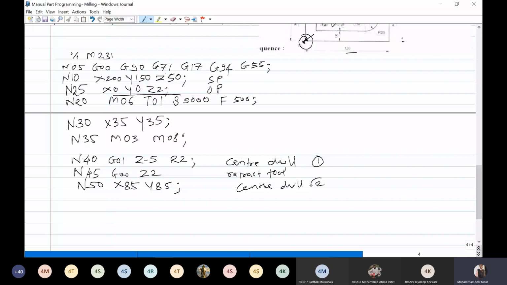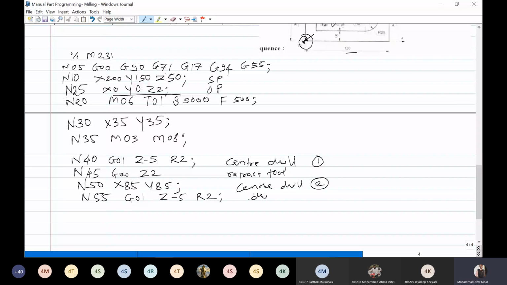Now it will again drill the hole. So for that, N55 G01 and Z-5 R2. Again it has created the drill over here, center drill completed.